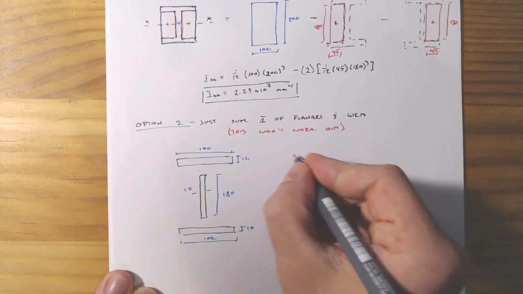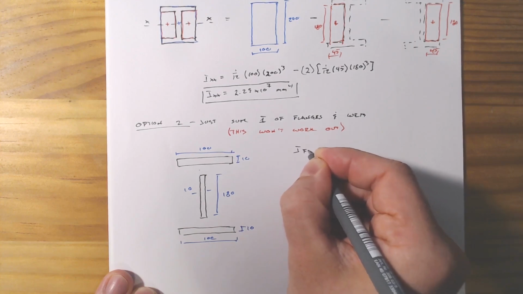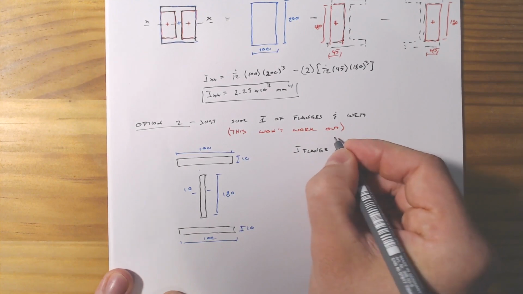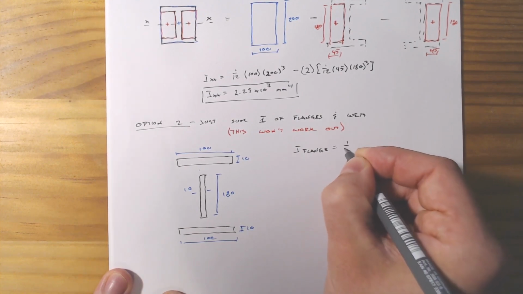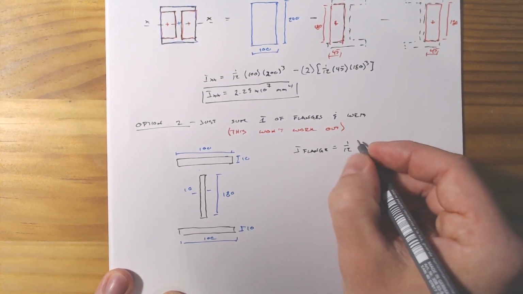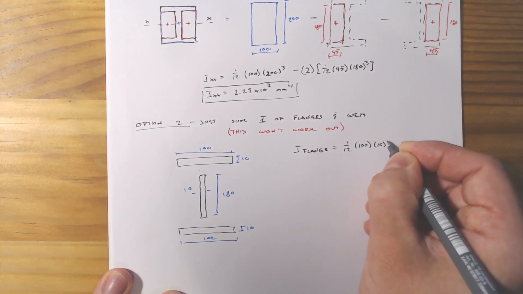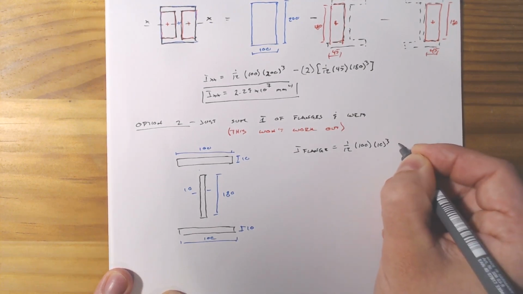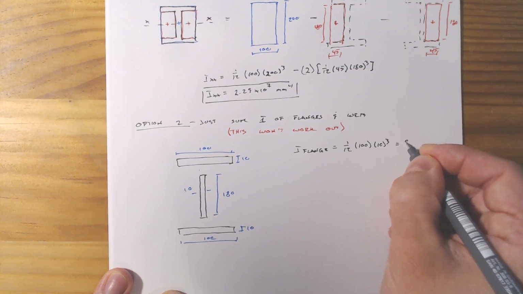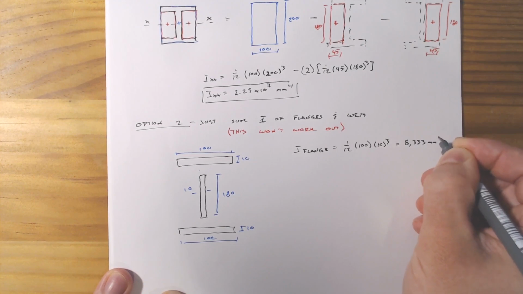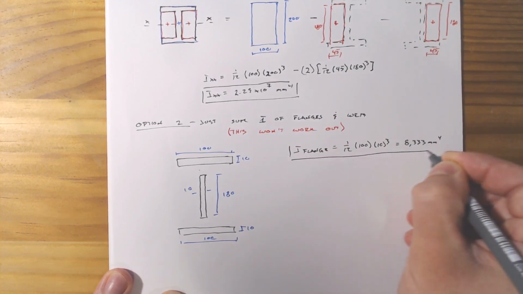So I of the flange is simply going to equal 1 over 12 times 100 times 10 to the third, and that equals 8,333 millimeters to the fourth.